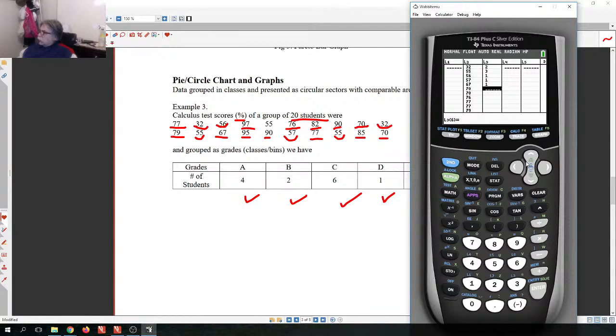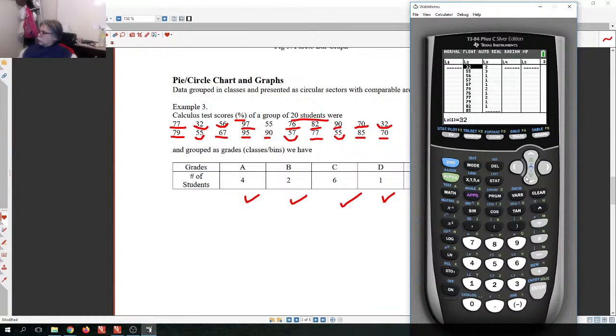70 happens to be twice, so I'm going to delete 1. 76 happens to be only once. 77 happens to be twice, so I'm going to delete this. 79 once. 82 once. 85, I have to go back to see that.